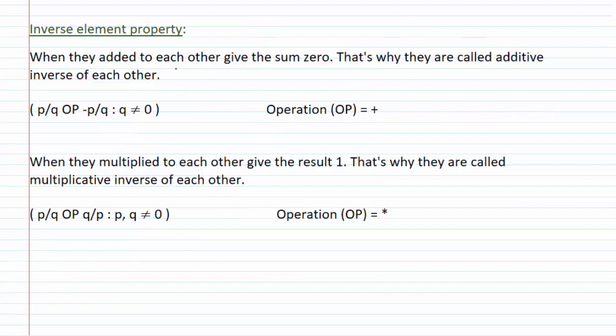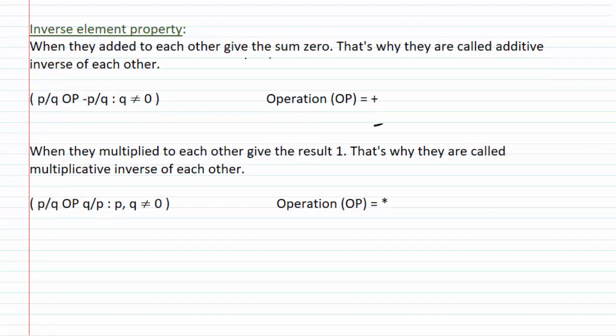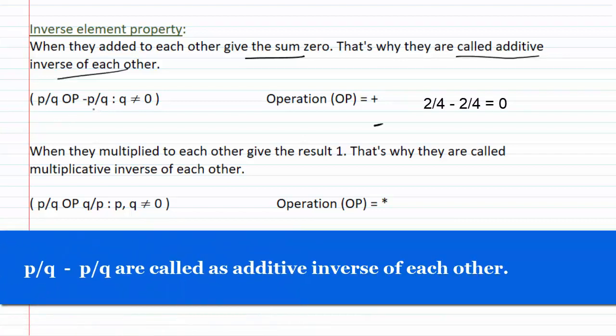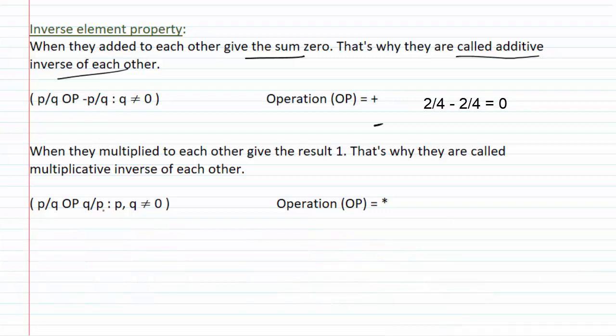Let's see the next property, that is inverse element property. It says that if you are given a number p by q and another number minus p by q where q is not equal to 0 and perform the addition operation, then you will get the result as 0. So that's why they are called additive inverses of each other. Means number p by q and number minus p upon q are called the additive inverse of each other.